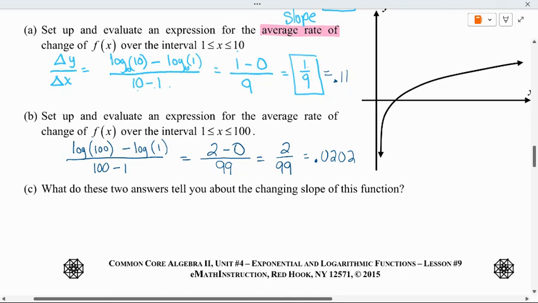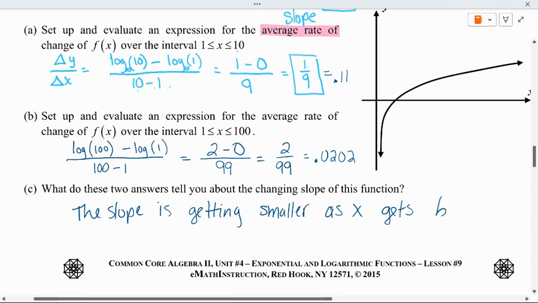Okay. So we know that as we increase the x value, the slope gets less, right? So let's write that. The slope is getting smaller as x gets bigger.